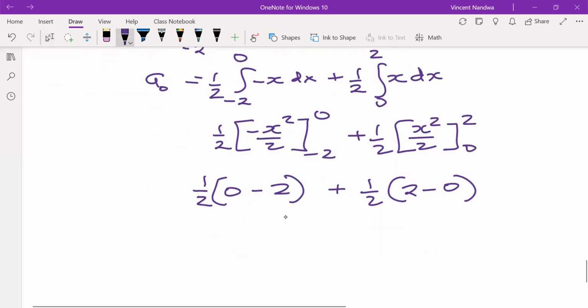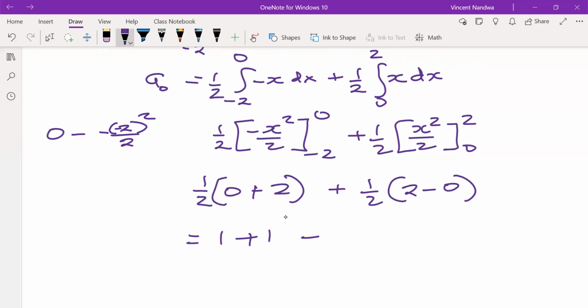Remember the upper limit is 0 and the lower limit is minus 2, but minus minus is plus, so there's a plus here. A half of 2 is 1, a half of 2 is also 1. So we get 2. So a naught is 2.